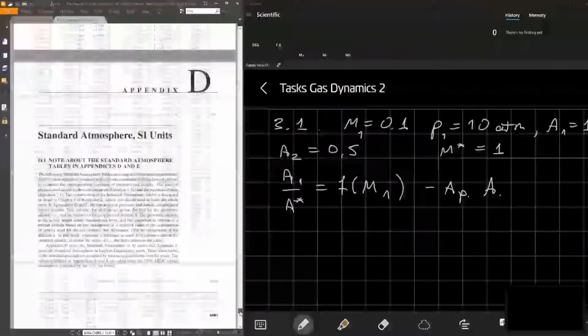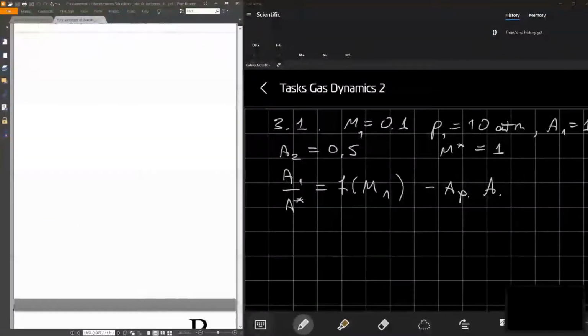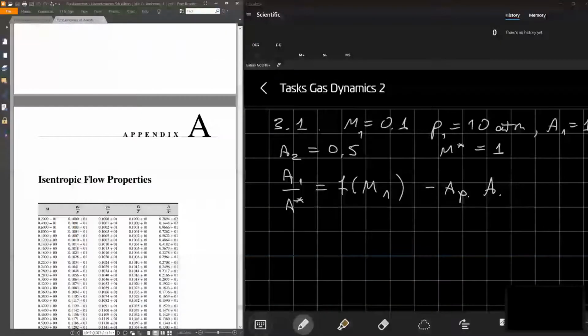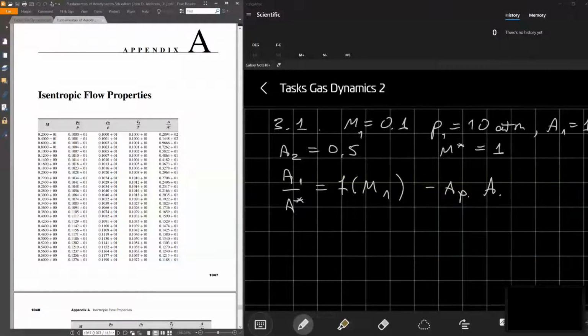I will go to appendix A, and I will see that area ratio corresponds to some certain values of Mach number.